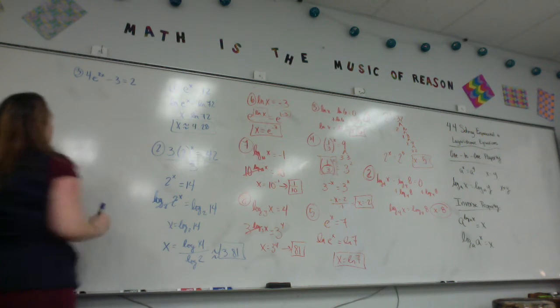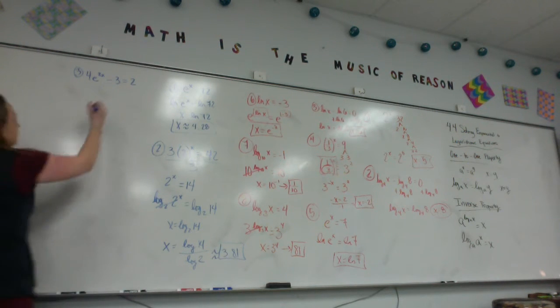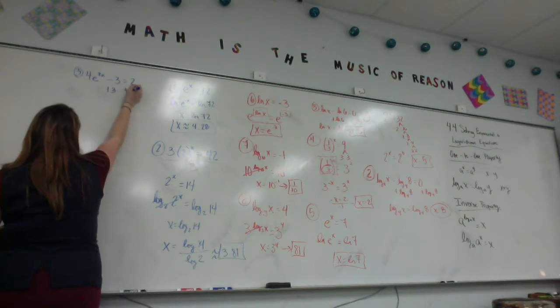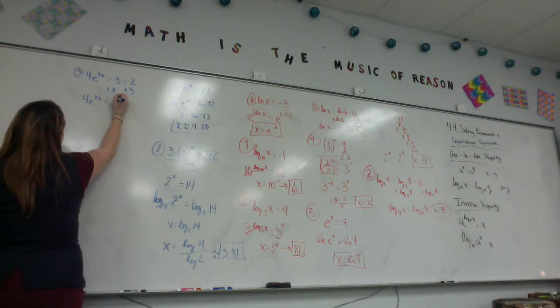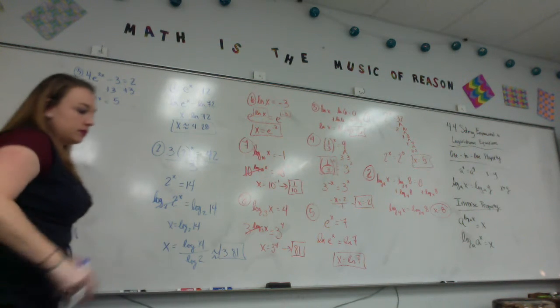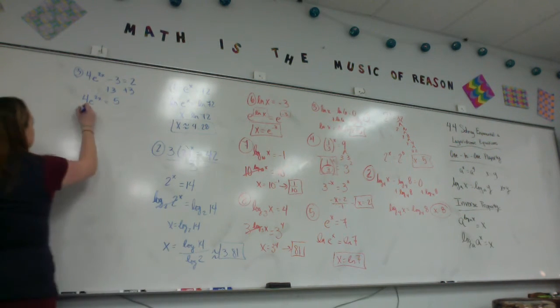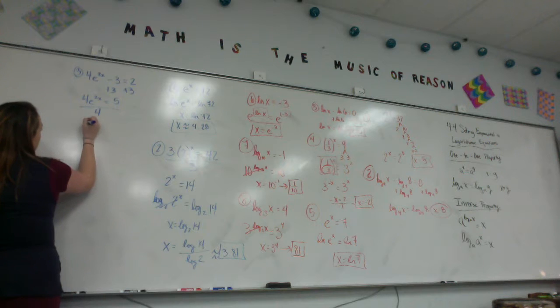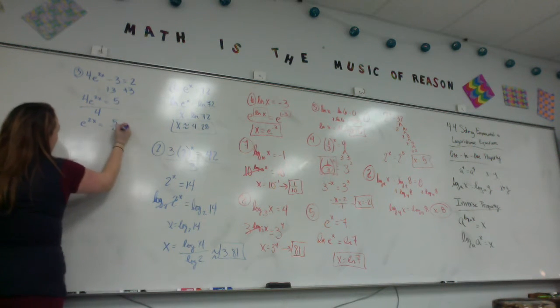How am I going to go about solving this? Add 3. Good. We're just going to use basic algebra skills. So I get 4e to the 2x equals 5. Now what? Divide by 4. And I get e to the 2x equals 5/4. Now what?